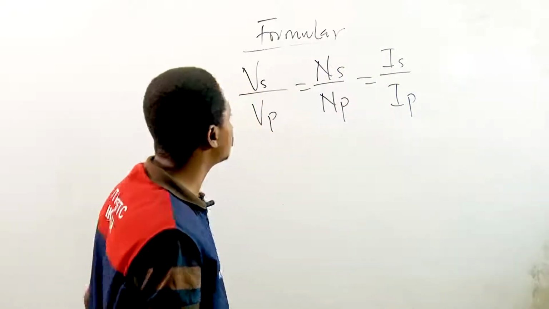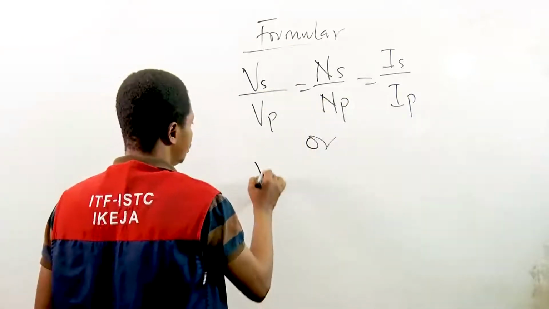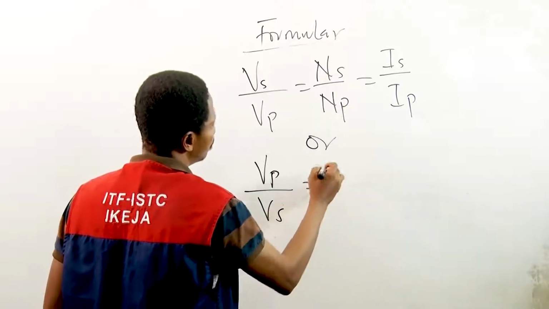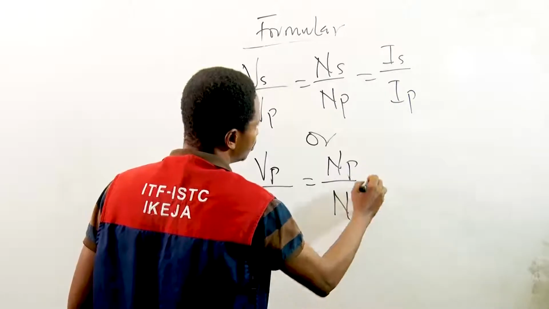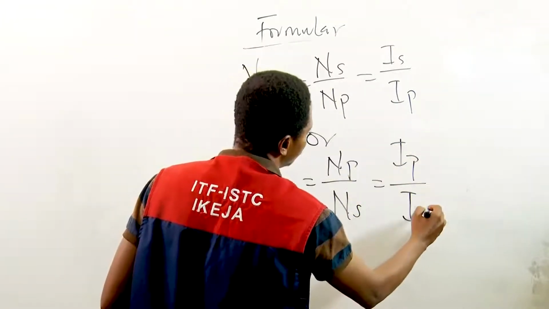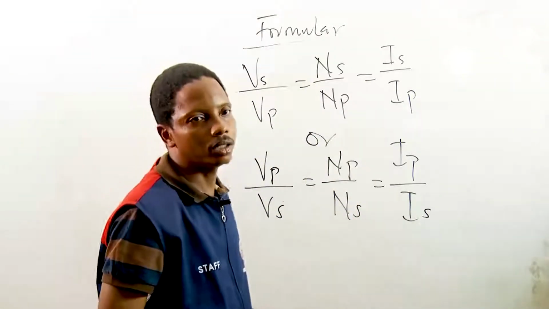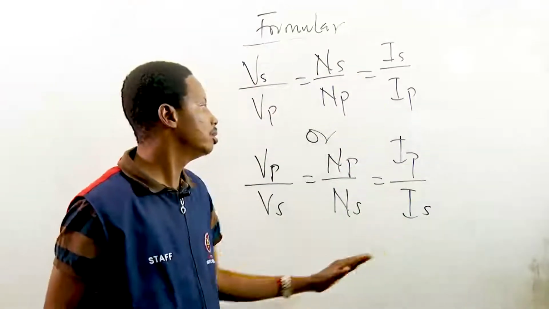Or you can also do it this way. You can change it, it's still the same thing: Vp over Vs equals Np over Ns equals Is over Ip. You can make any of these the subject of the formula. It will give you the same result.